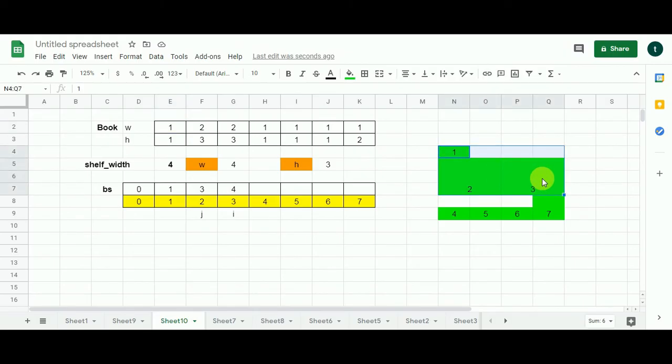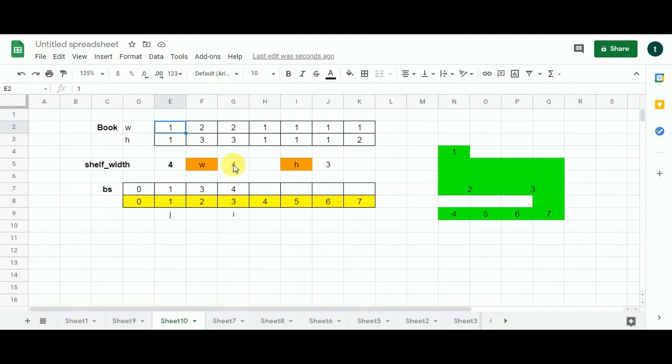Alright, now J moves one cell to the left. Okay. Alright, the running width was 4. Over here, what we are checking is if we can place book number 1, 2 and 3 together. So running width is 4. If I add 1 to it, I am going to get the running width as 5.